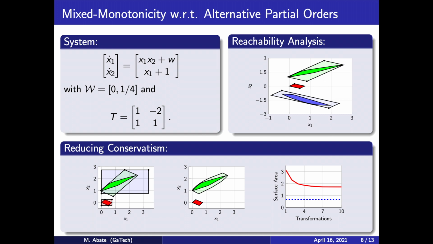Okay, so our observation here is that if you start with an initial set, you can take many different transformations and apply the mixed monotonicity procedure sequentially, and then by taking the intersection of the approximations derived from each, you attain a tighter and tighter approximation of your true reachable set. So this is shown on the bottom.